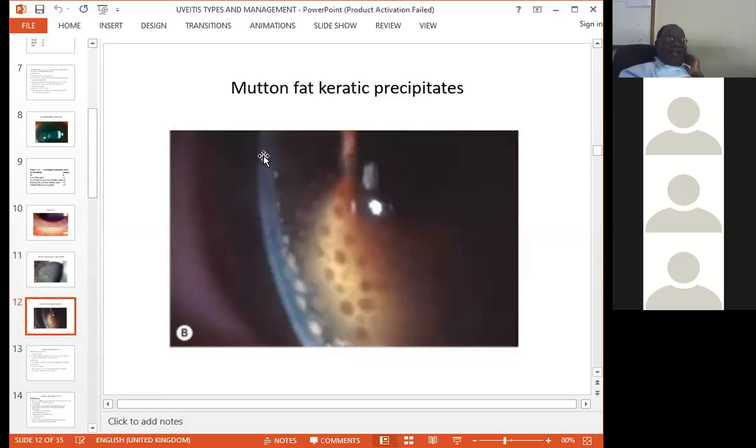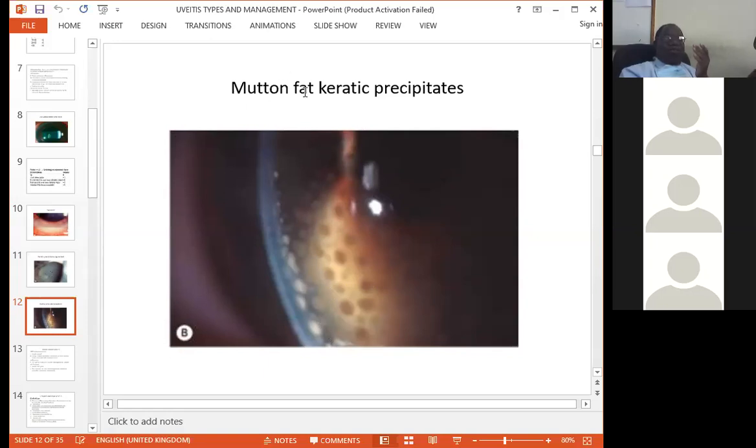These are precipitates. This is the cornea. These are the precipitates on the posterior part of the cornea and on the iris there. This is in the anterior chamber.